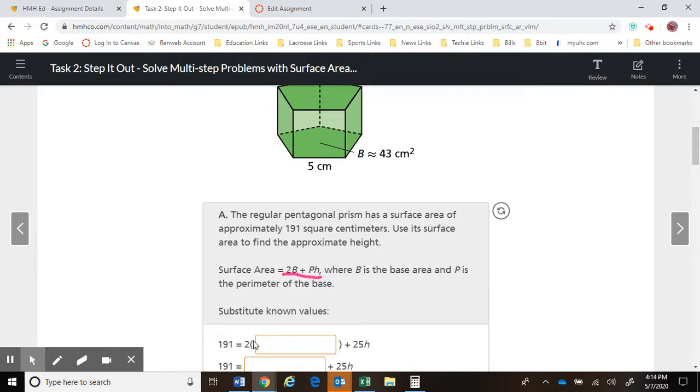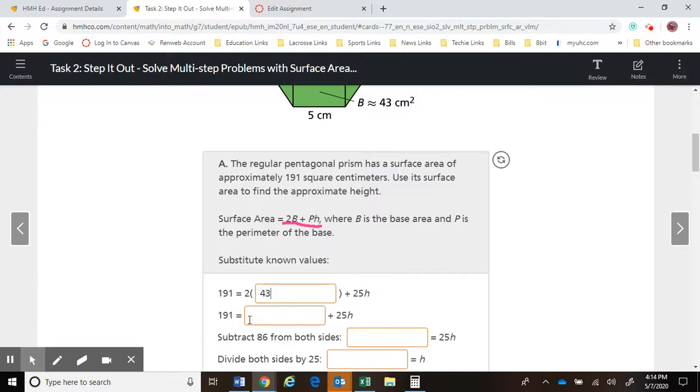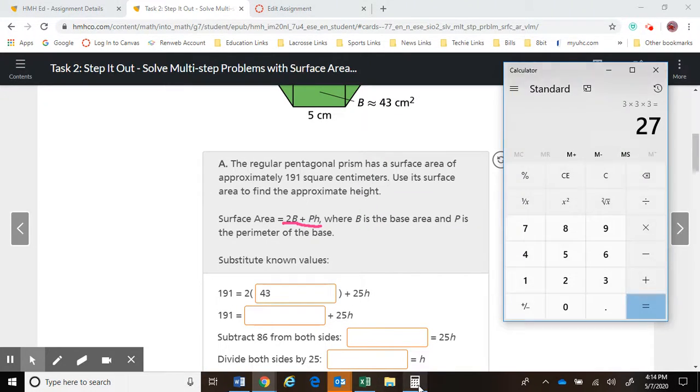Then we need 2 times the area of the base. What's the area of the base? Well, that's 43, right? I can just read that because B is 43. All right, so 191 equals 2 times 43. Well, 2 times 43, that's 86.